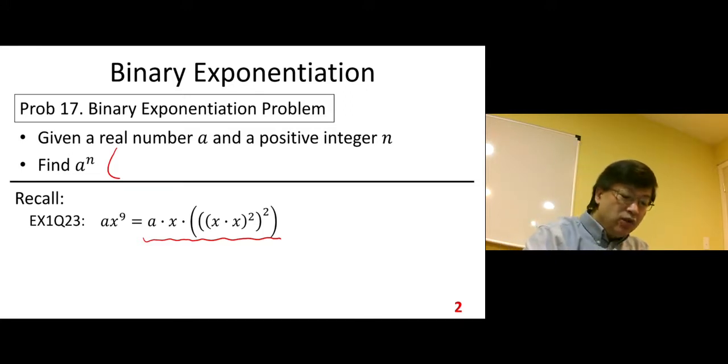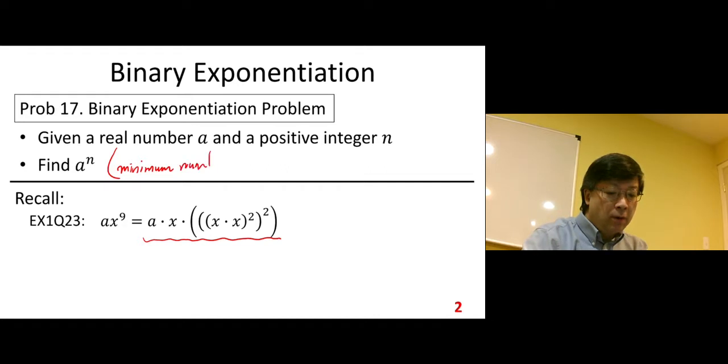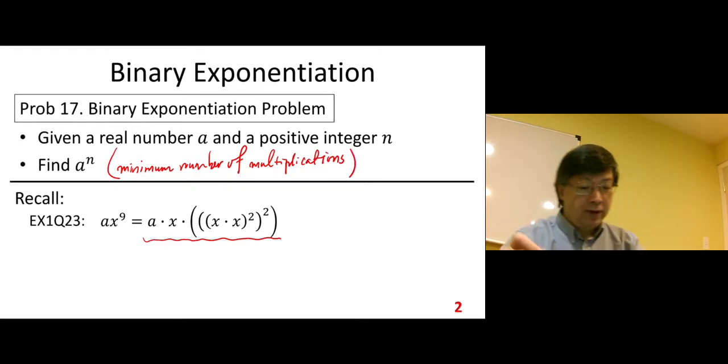So that means we need to use the minimum number of multiplications. That's our goal.